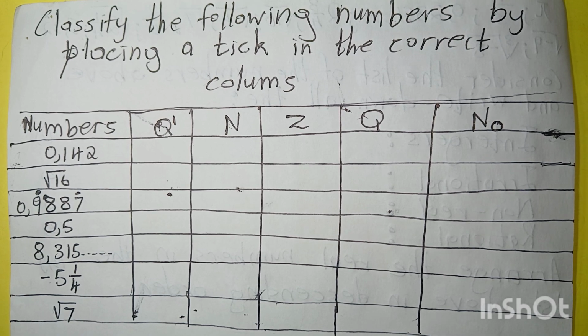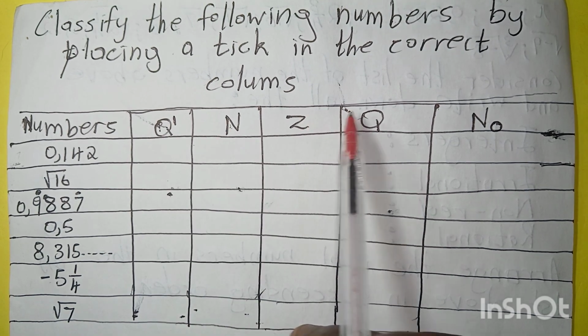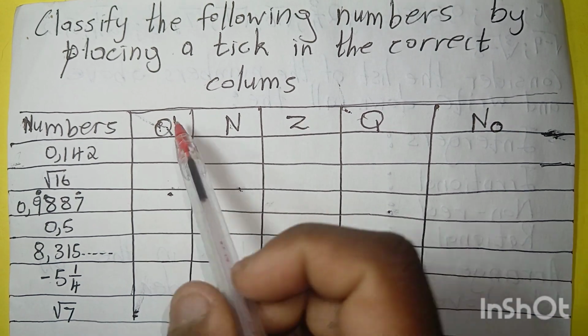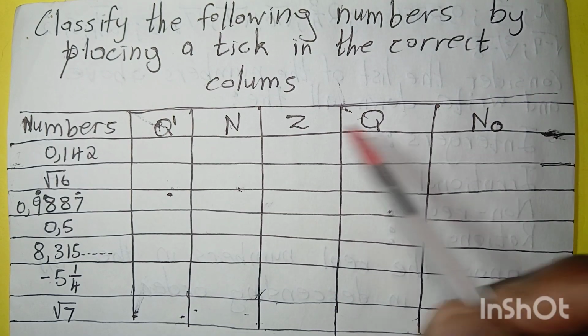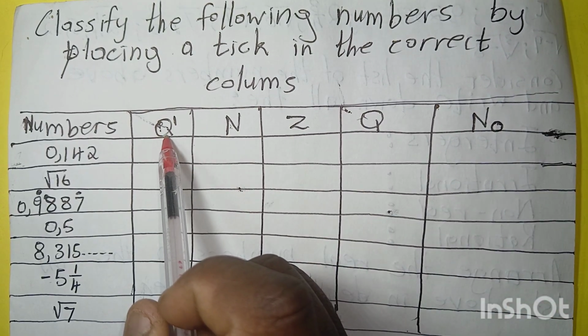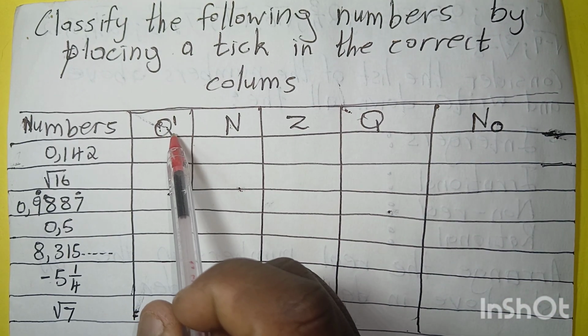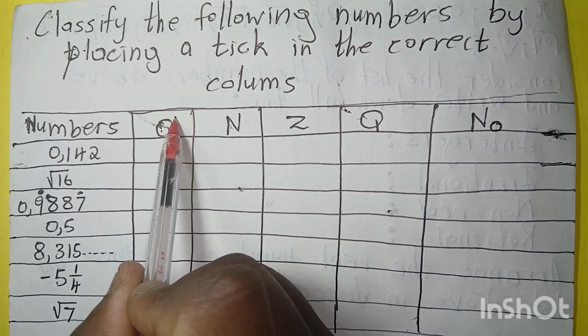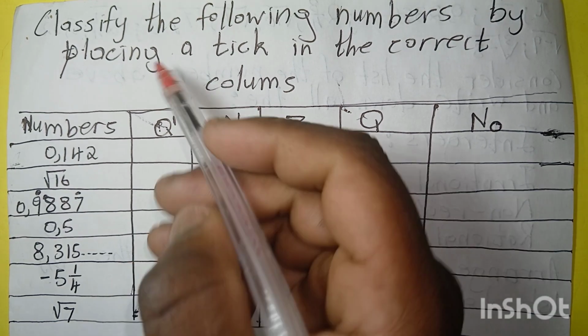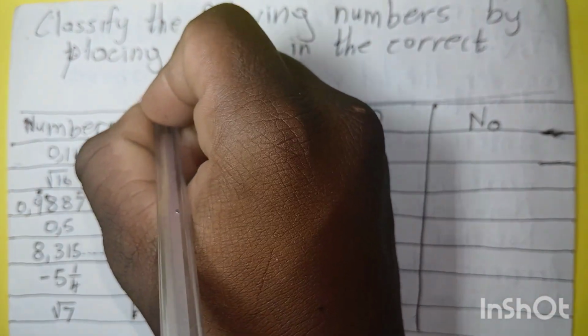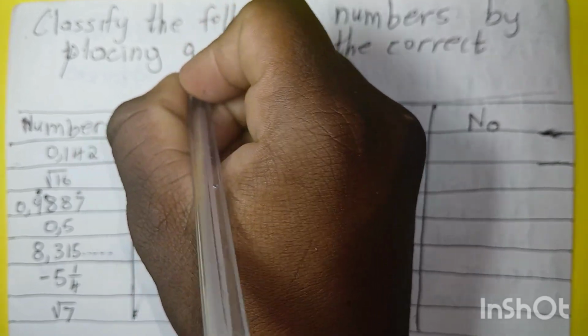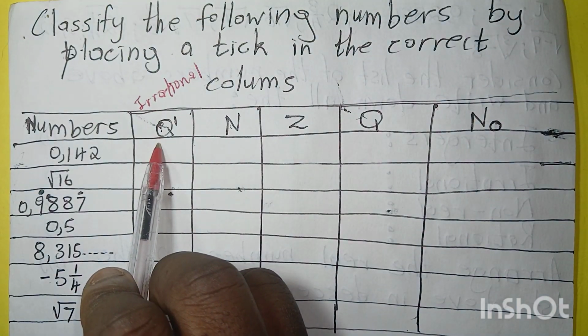You can't place the tick without understanding these symbols. So what does this symbol stand for? Remember, when you see Q, you see rational. But the moment it has that thing, it means that it is irrational. It cannot be in a fraction format.